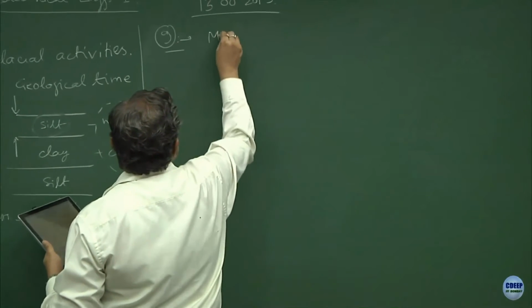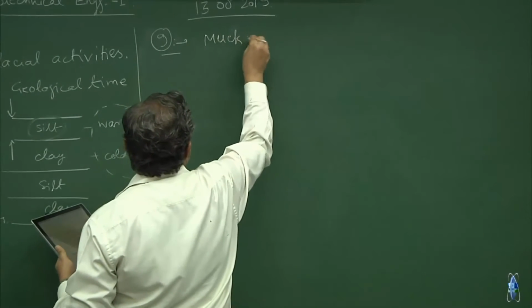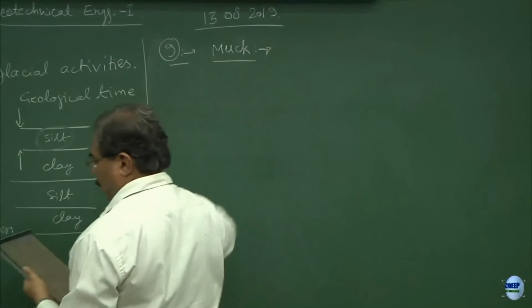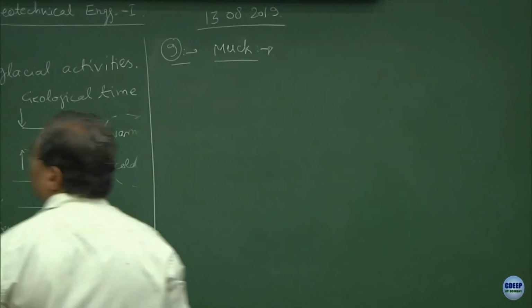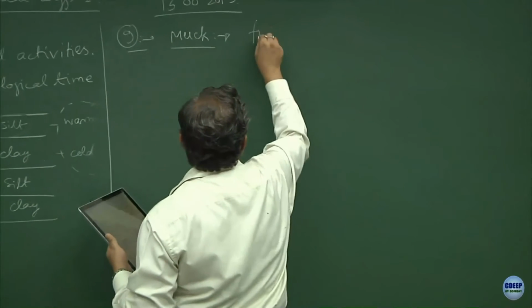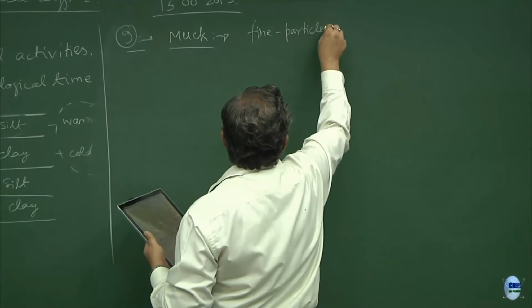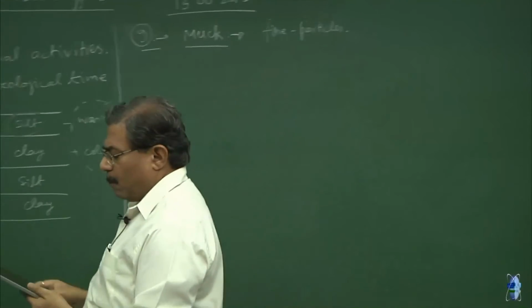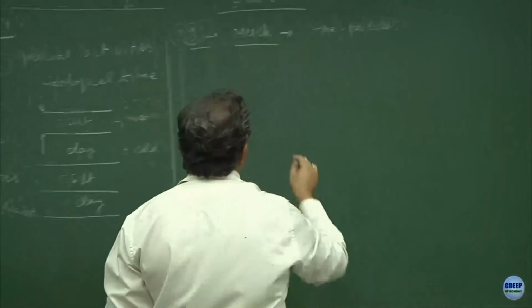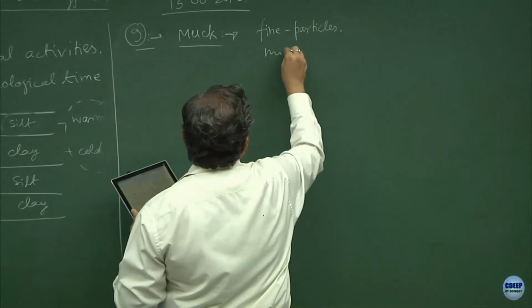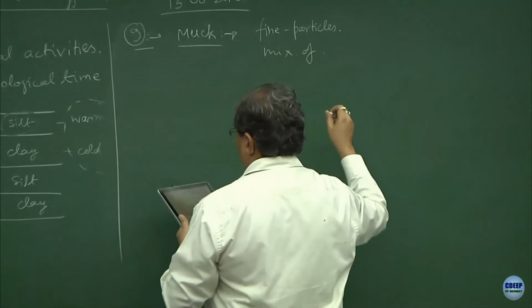So, another category is muck. These are basically fine particles, and this is the mixture of inorganic soils.